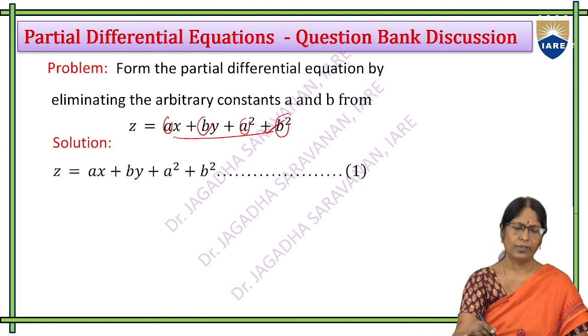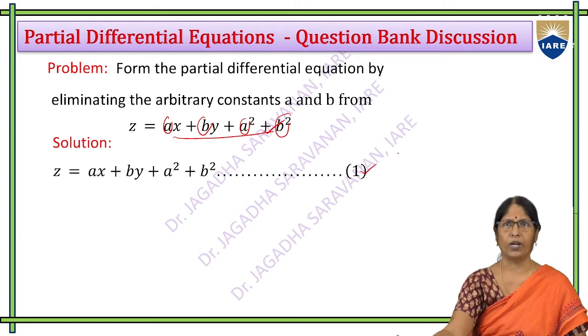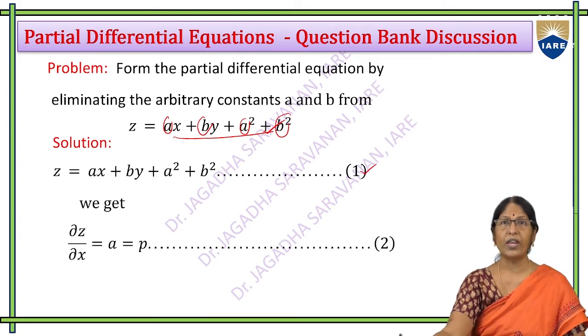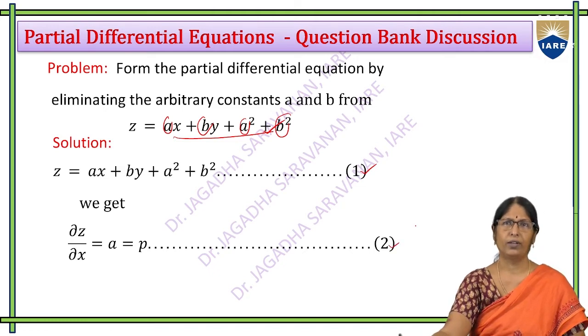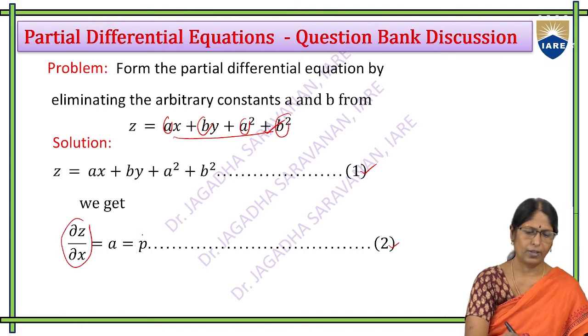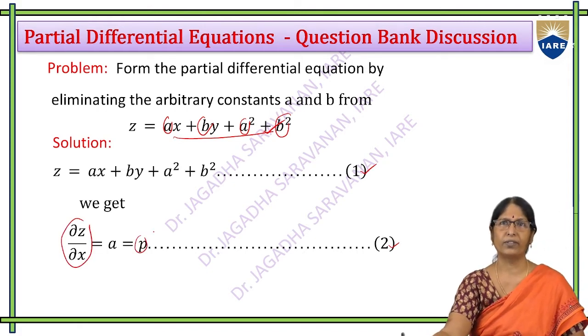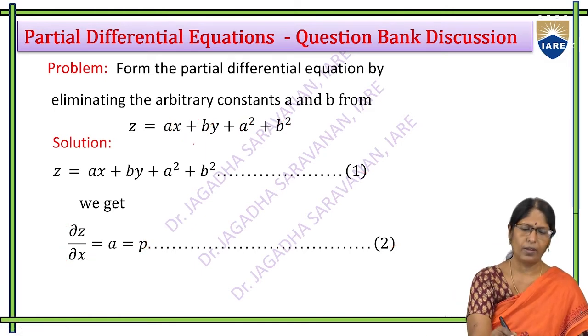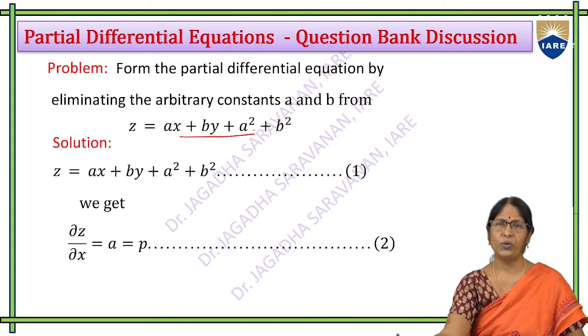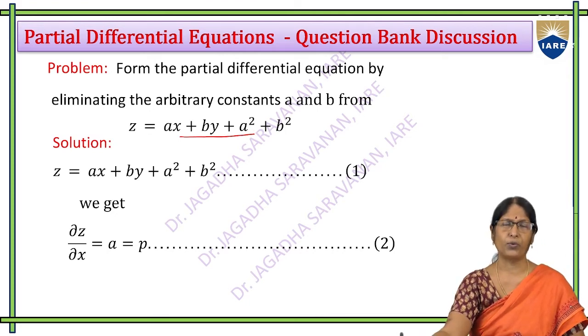So first, this given equation we are naming as 1. We are recalling, Bloom's first level, the notation p, which is defined as ∂z/∂x. So Bloom's first level is satisfied. Now we are moving to Bloom's second level, in which we are doing the differentiation with respect to x.